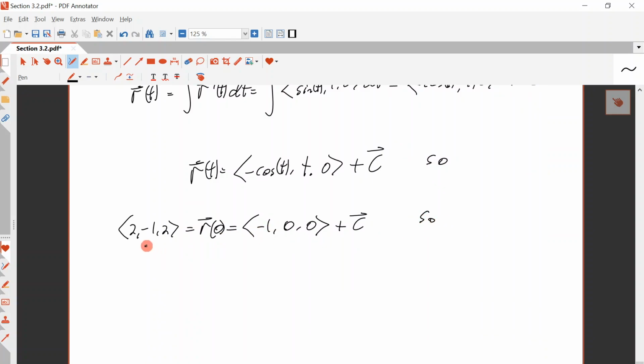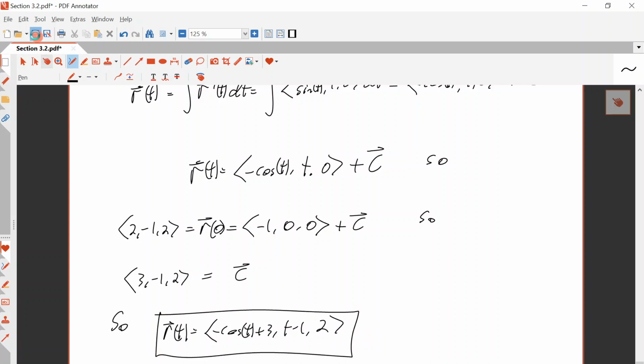So adding 1, 0, 0 to each side, you have 3, negative 1, 2 is equal to c. So r of t is equal to minus cosine t plus 3, t minus 1, and 2.